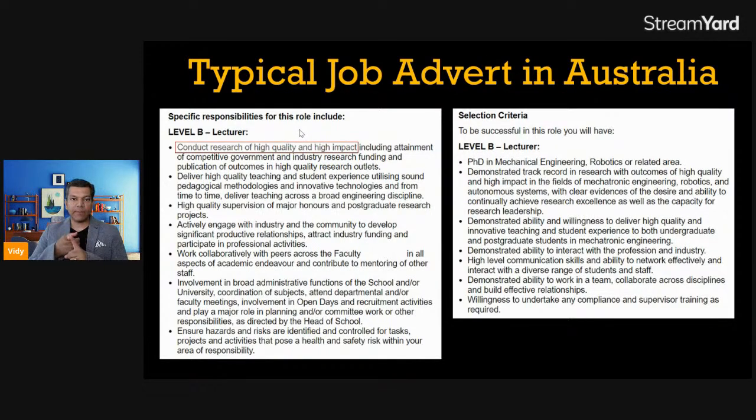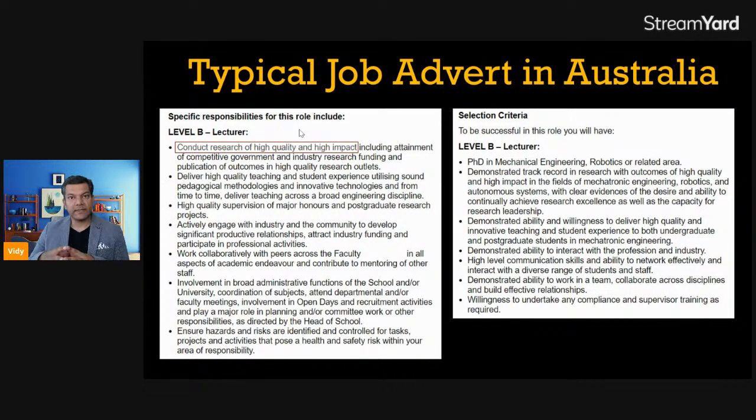So to recap: high quality and high impact research published in high quality journals, ability to get competitive research grants or research funds, high quality teaching that students enjoy. So you have to be a good teacher in your discipline.